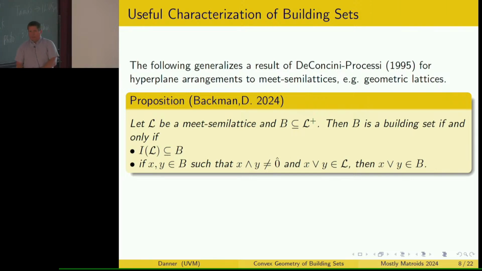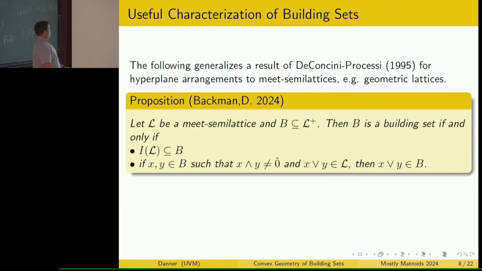How are you going to arrive at an irreducible if it's not already in there? And then take any two other elements in your building set. If they have non-trivial intersection, then they're joined. For those familiar with lattices, we have meets and joins, so basically greatest lower bound and least upper bound. The join had better be in there if they have non-trivial intersection, as long as their join exists, that is.